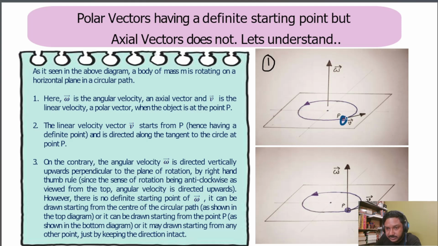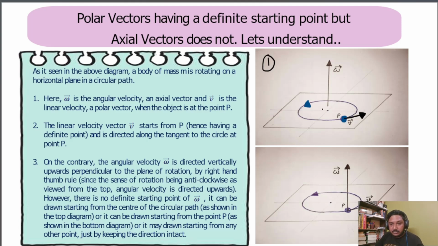It is rotating in the direction shown here. At the point P, it will have a linear velocity which will act tangentially along this direction. So the linear velocity is going to be along the tangent of this circle. This is the linear velocity.